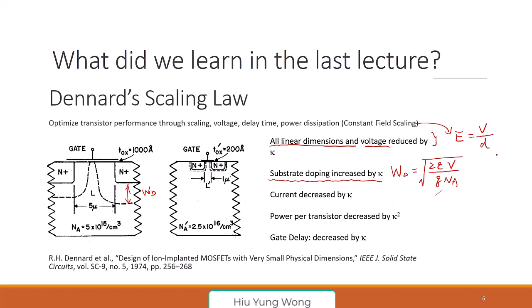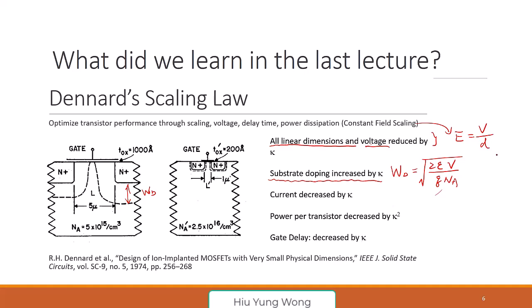Why is the electric field important? Because it's related to reliability. When the electric field is large, it generates a lot of hot carriers. You can damage the gate oxide. So we want to keep them the same. We cannot just reduce the dimension without reducing the voltage.